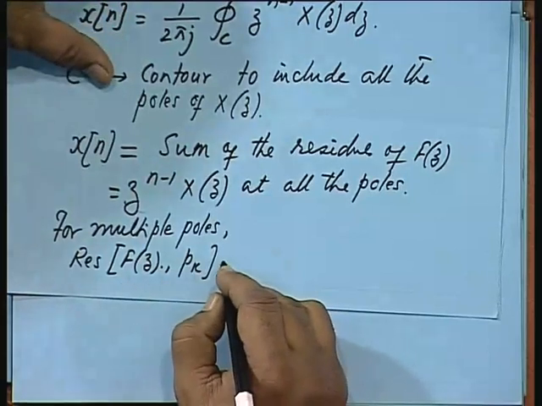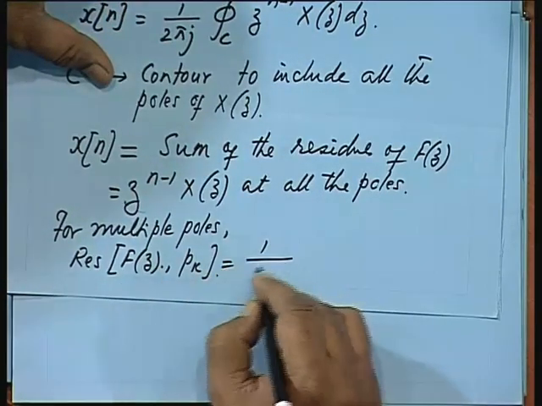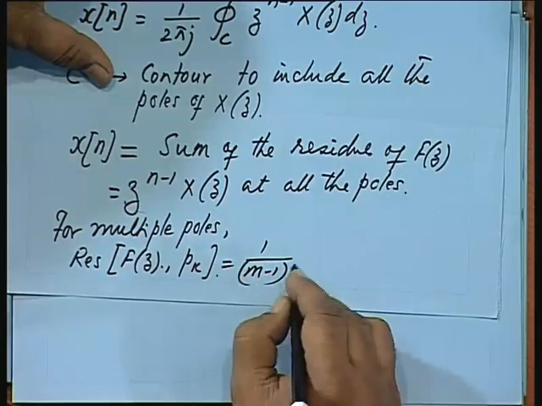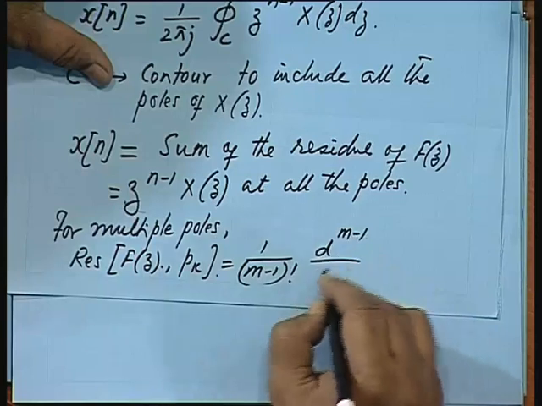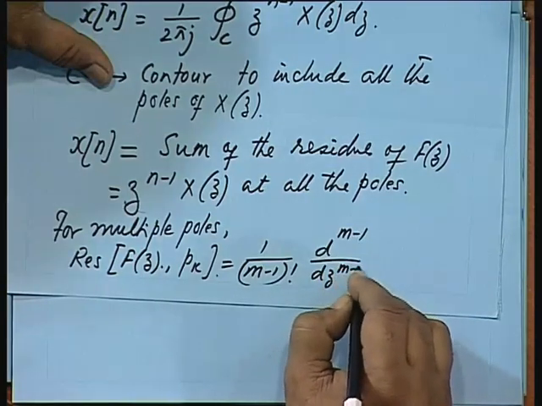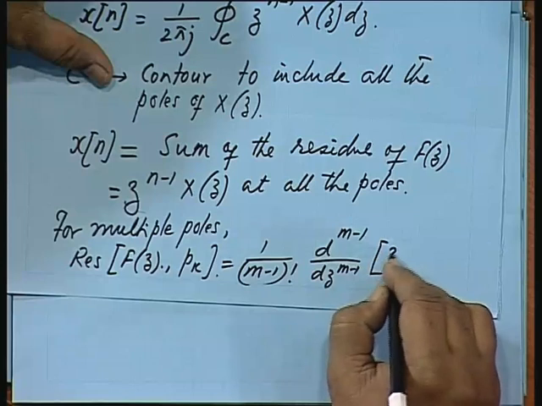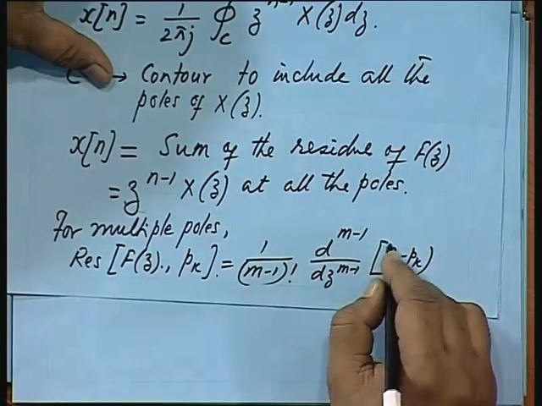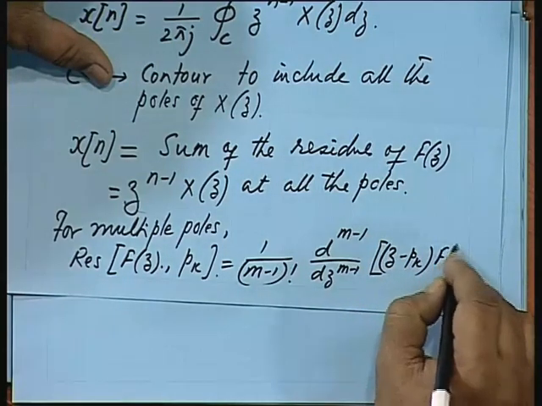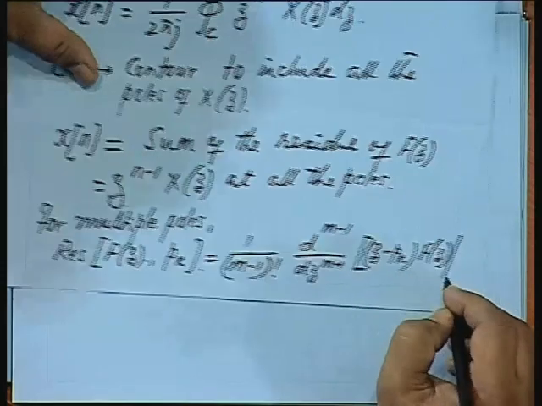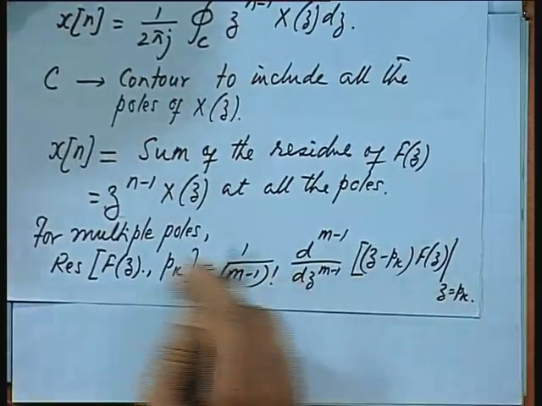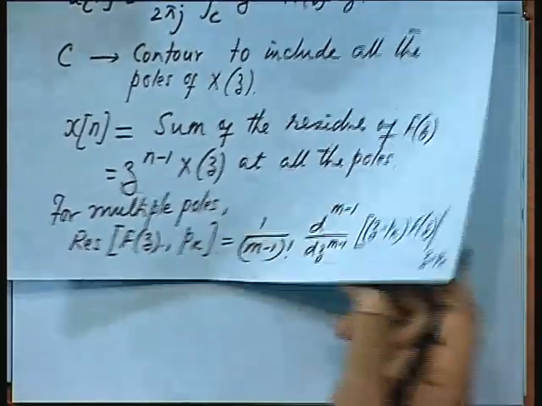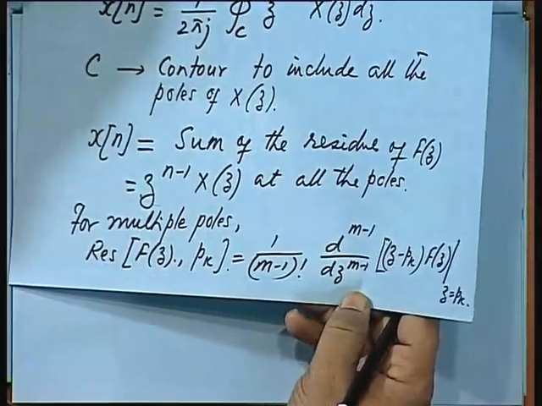So, residue of f z will be 1 by m minus 1 factorial, d m minus 1 by d z m minus 1 of z minus p k to the power m into f z, evaluated at z is equal to p k. Let us see this with an example, how this can be applied.